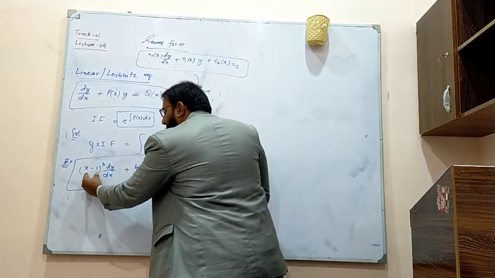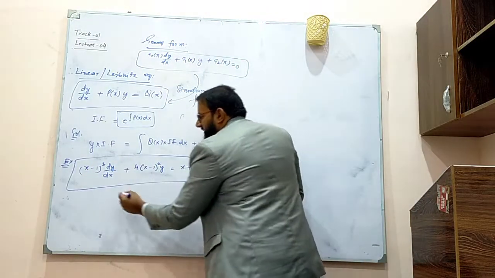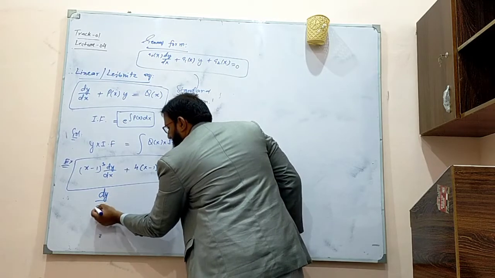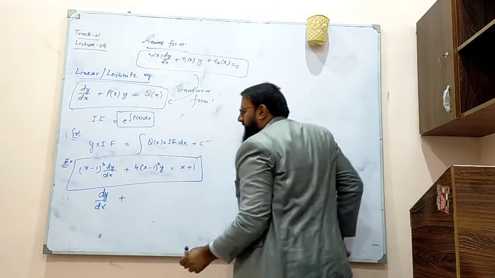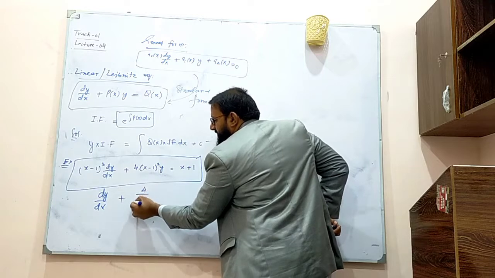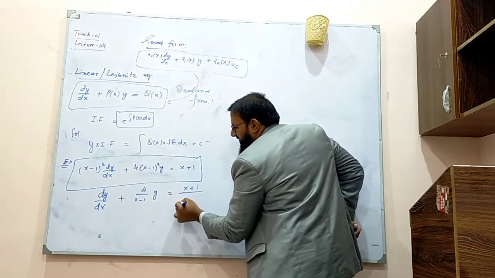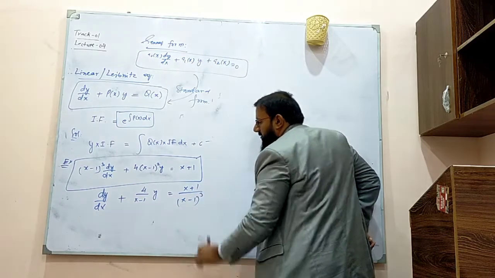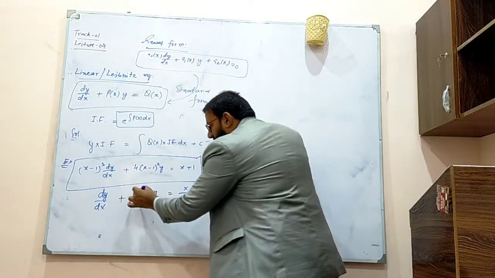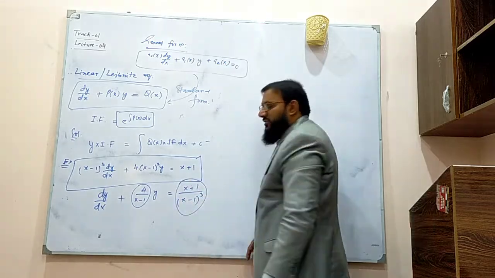You divide every term by (x minus 1) whole cube, then this becomes dy by dx plus 4 upon (x minus 1) times y equals (x plus 1) divided by (x minus 1) whole cube. This is your p of x and this is your q of x.